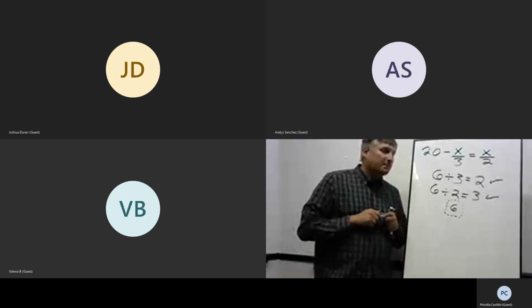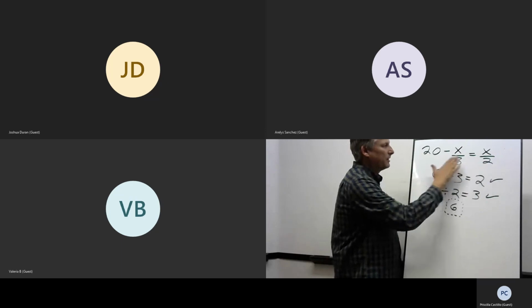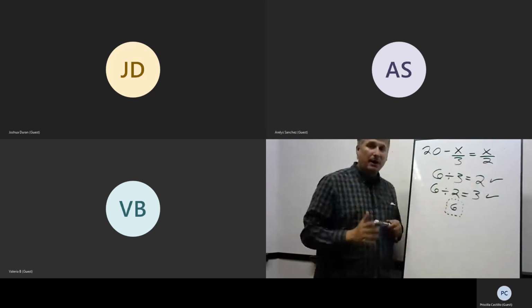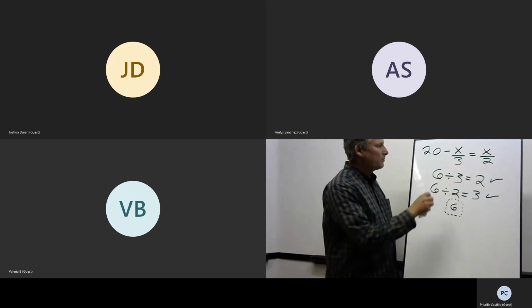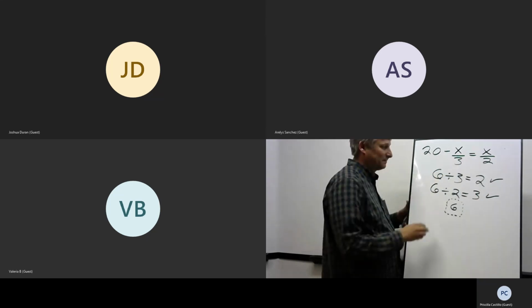So what do we do with this? Well, we're going to multiply each term. We have 3 terms here by 6. And remember, when we have a fraction, it means division.